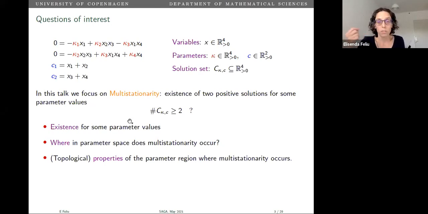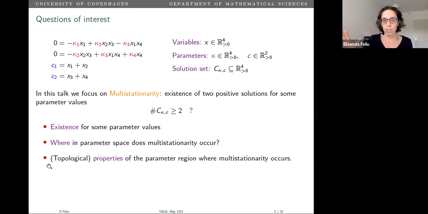If that's true, where does it happen? How can I determine the parameter values for which this happens? And then, even if I can find the parameter set where that happens, what does it look like? What is the shape? What are the properties this set has, right? And for today, this property will be connectivity, whether it's connected or not.